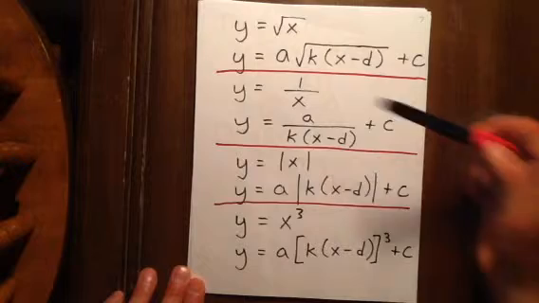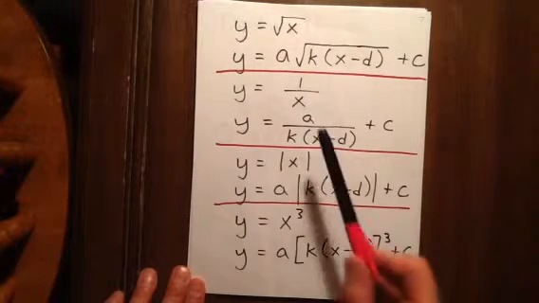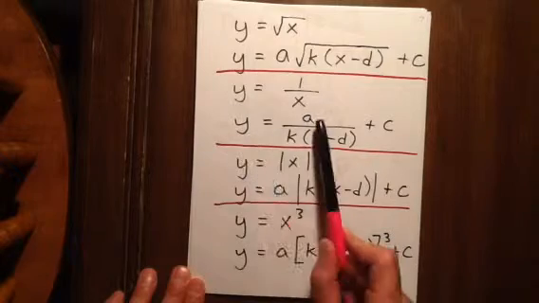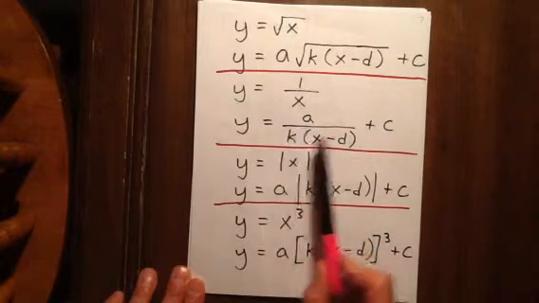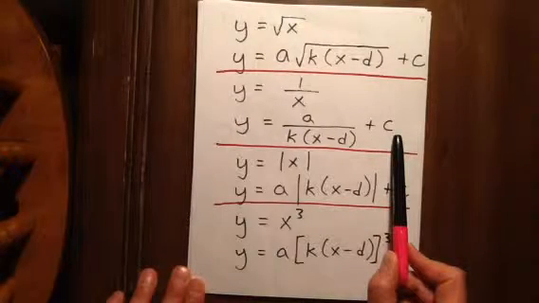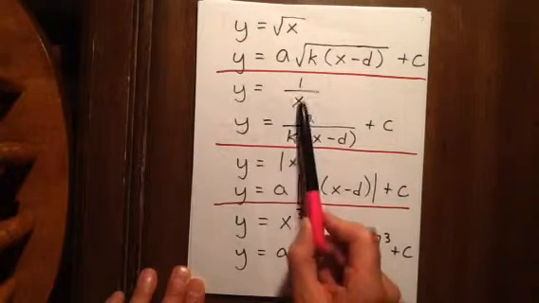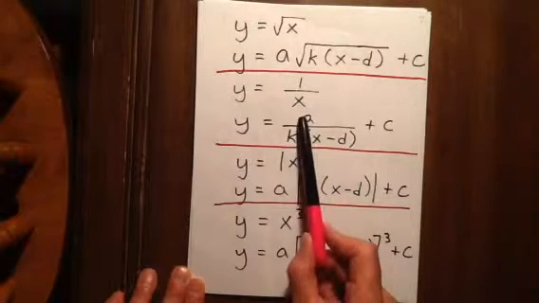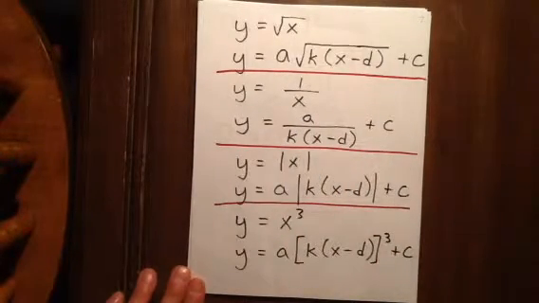If our parent function is 1 over x, then we want to make our function that we're trying to graph y equals a over k bracket x minus d plus c. Okay? The argument is in the denominator, so we put the argument in the denominator, we multiply by a, and we add c.